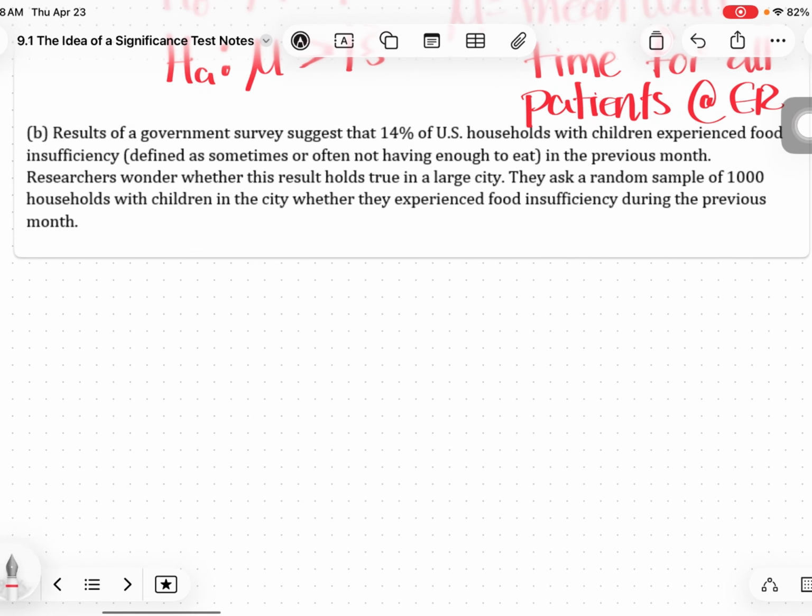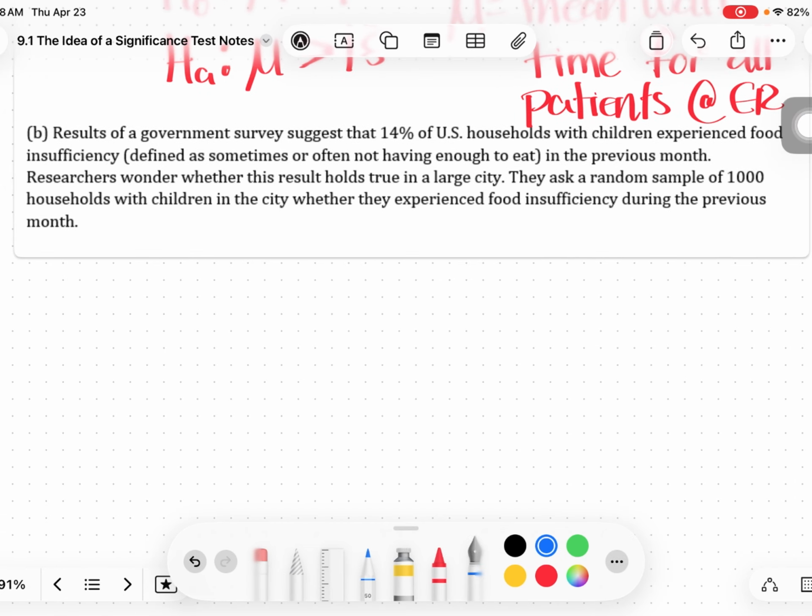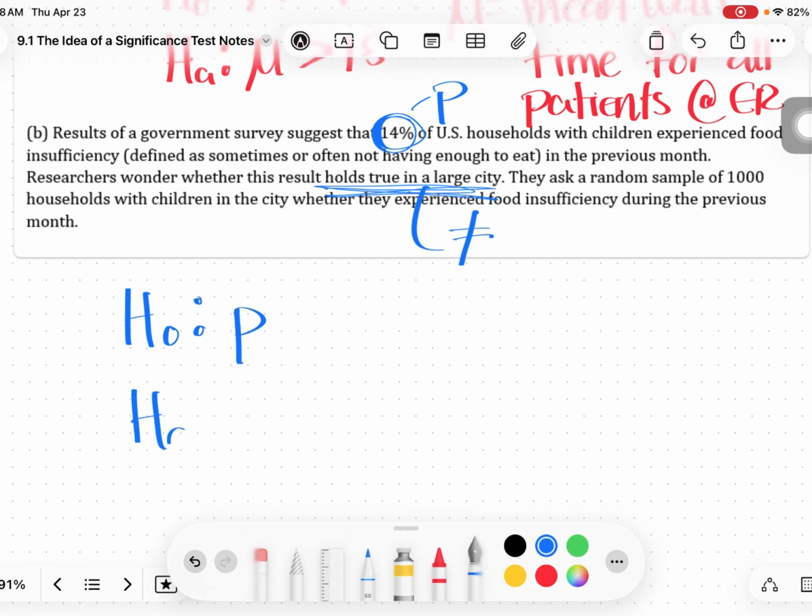We can do the same thing for a proportion. Again, we have a percentage there that's telling us we're talking about P. We want to know if the result holds true. This is going to be some language that is a not equals to. And so our null hypothesis is going to be a P. Same thing with alternative.